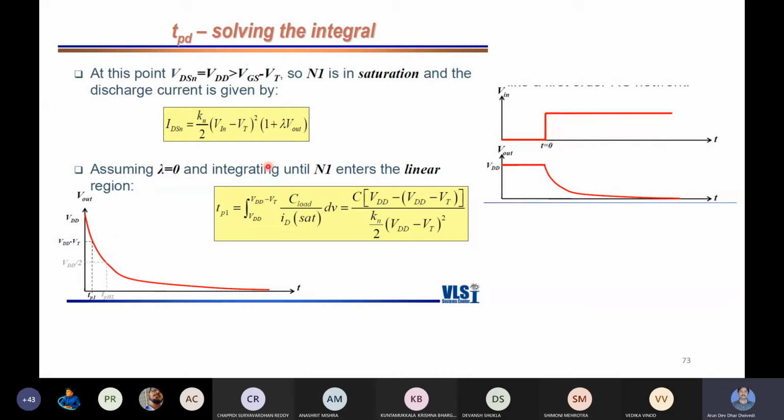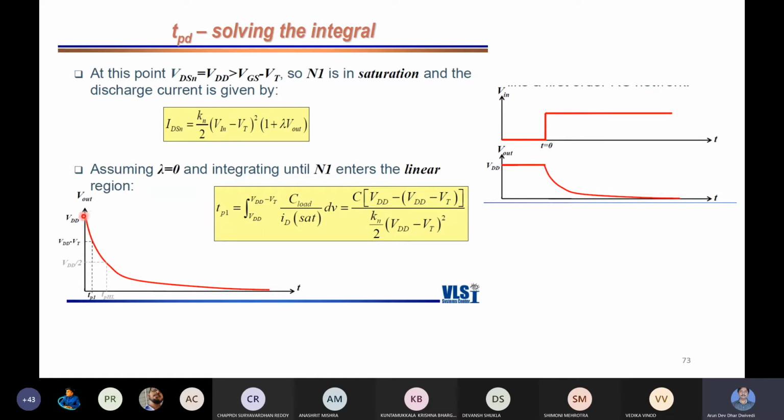Initially we are considering the situation when the capacitor is discharging. What will happen when the output is going from high to low? In that case the capacitor is discharging.